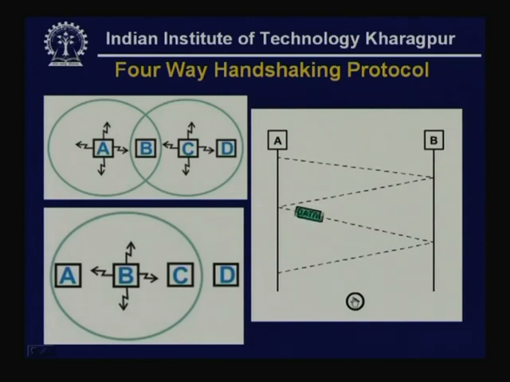So, we see that parallel data transmission between C to D and B to A is possible by using this protocol. This is known as the 4-way handshaking protocol, that means request to send, clear to send, data and then acknowledgement. You can see the 4-way handshaking protocol.